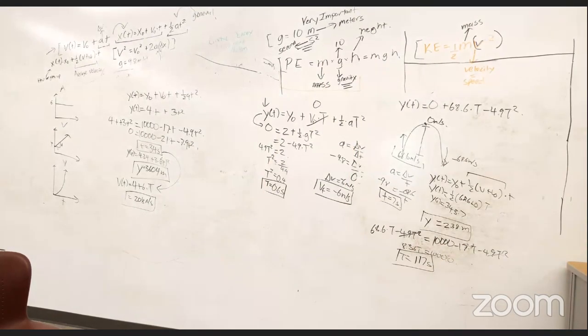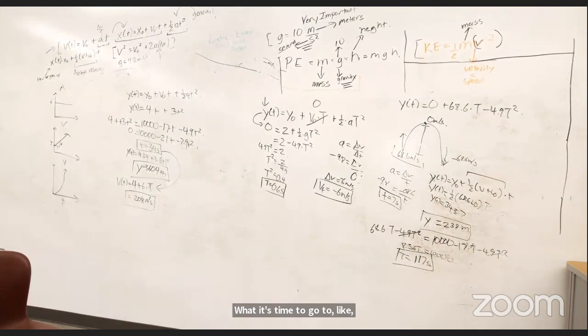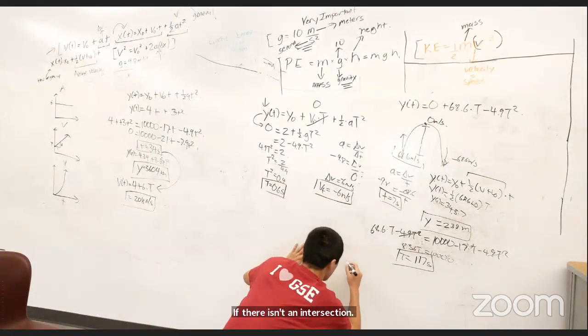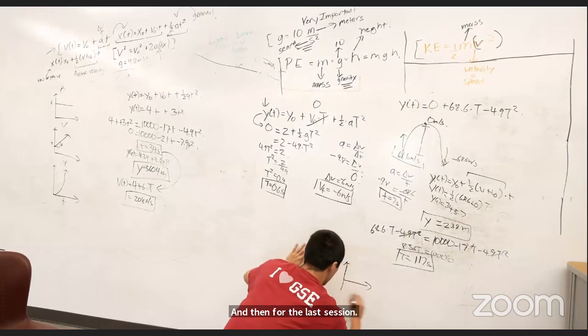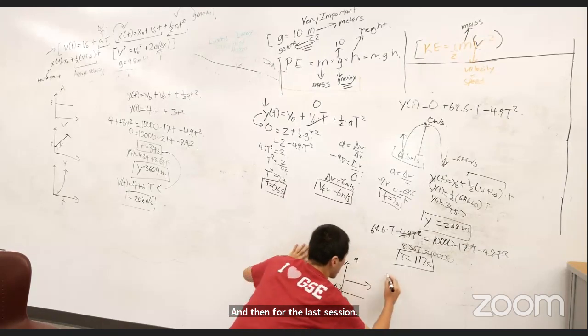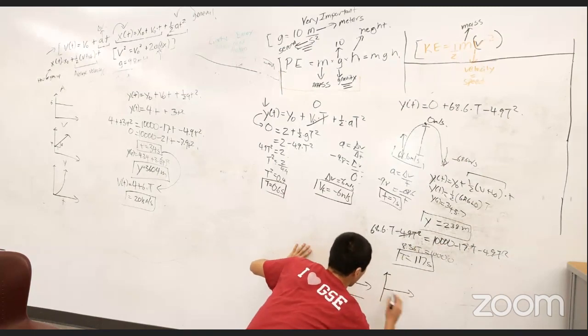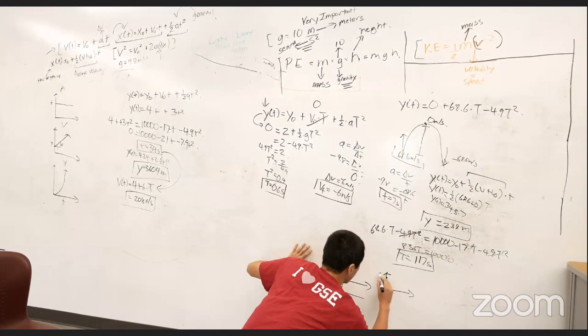And then for the velocity, position function, and displacement function. So for the acceleration, it's just going to be a constant negative 9.8. The velocity function, it's going to start off at 68.6.